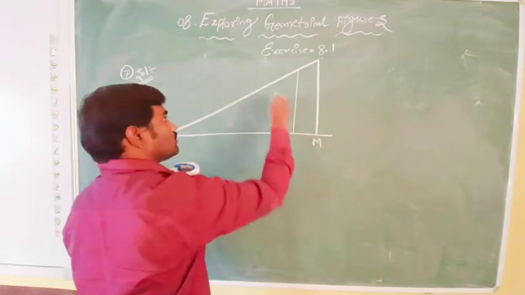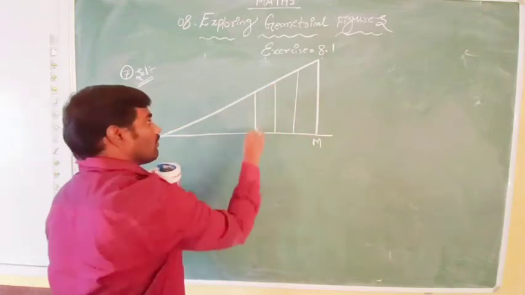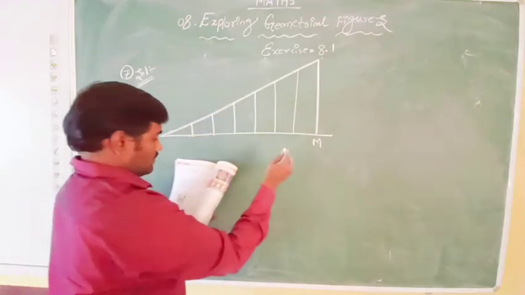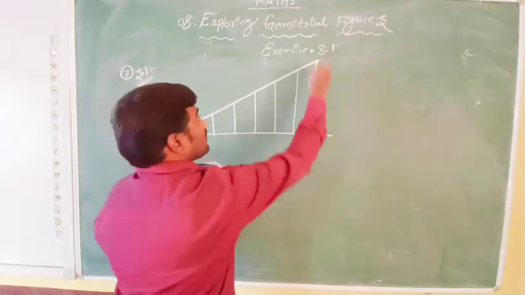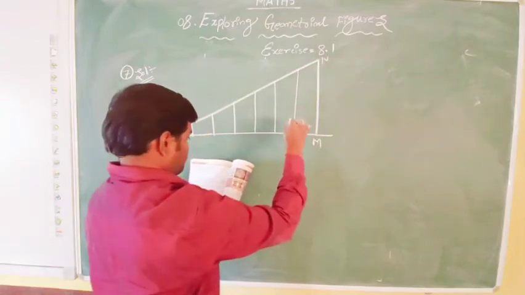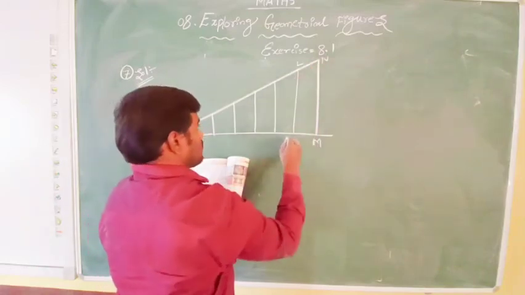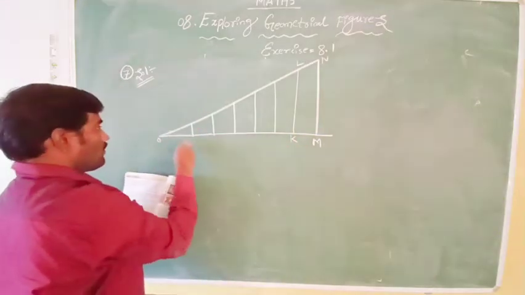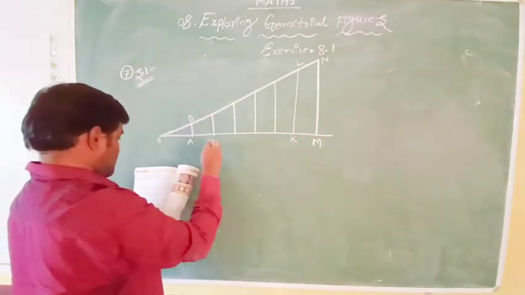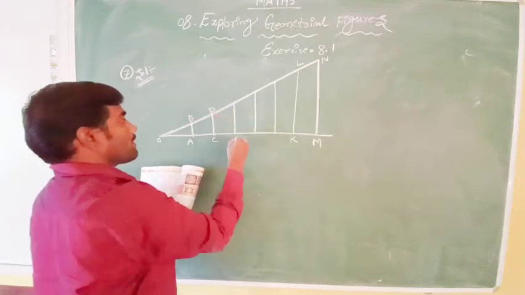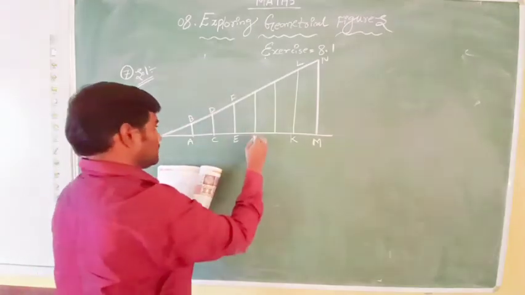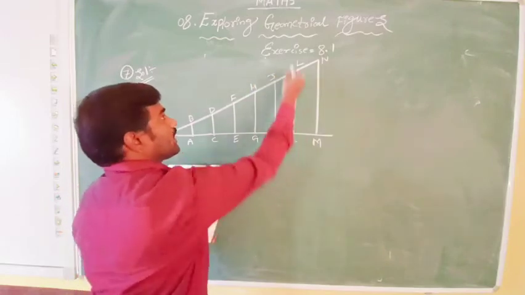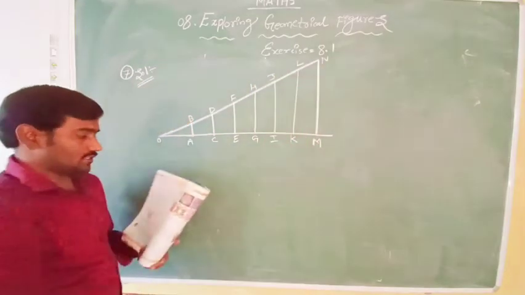Total 7 are there. 1, 2, 3, 4, 5, 6 and 7. The points are O, A, B, C, D, E, F, G, H, I, J, K, L, M, N. In this way they are given.